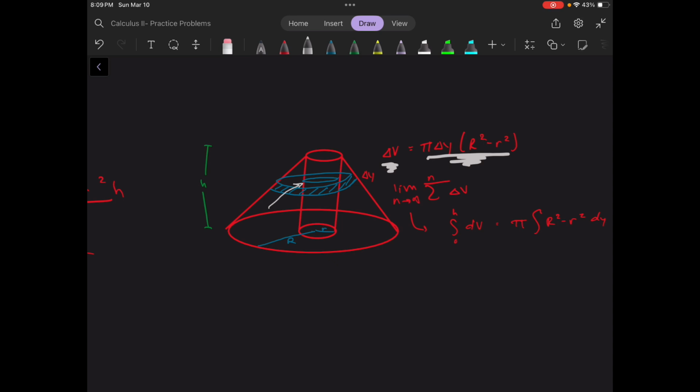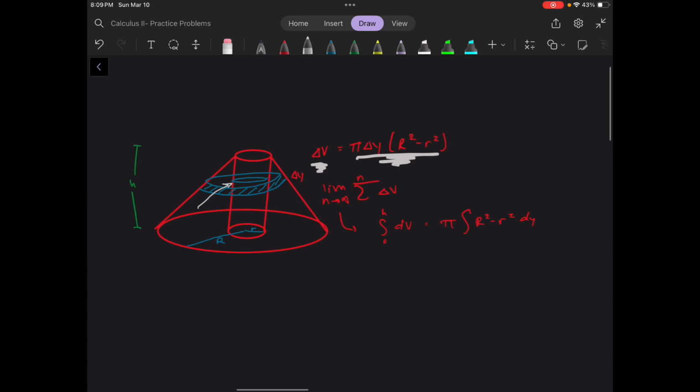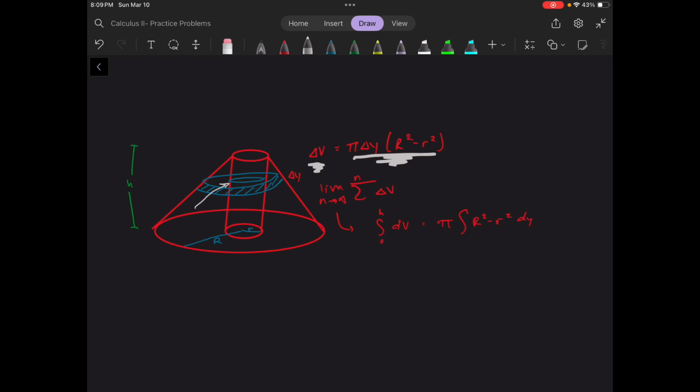And we can take the limit as n approaches infinity of the sum of all those little delta volume disks or washers. That just becomes an integral from 0 to h of dV. dV is just pi times R squared minus little r squared dy, right? And we're still going from 0 to h.